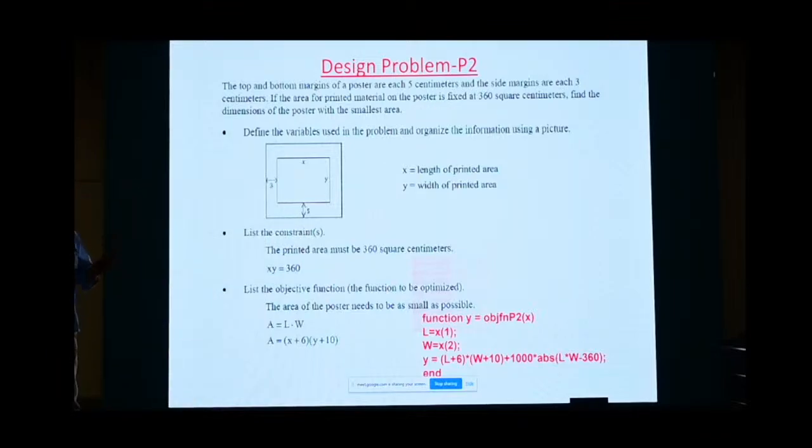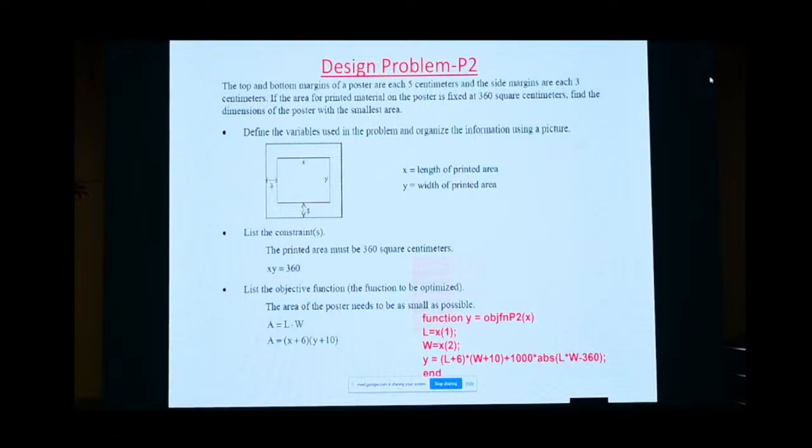That means our objective is that the total area should be minimum. So the total area will be x plus 6 and y plus 10. The 5 on two sides means 5 plus 5, 10, it will add. And for x, 3 means 6, it will add. So our objective is that (x plus 6) and (y plus 10) should be minimum.